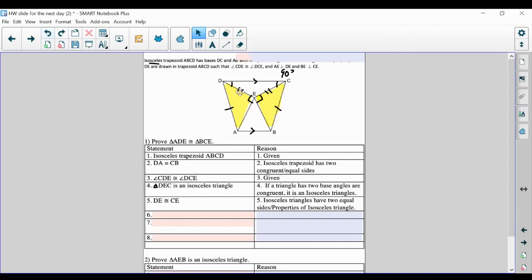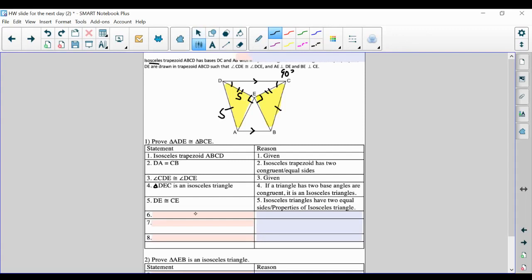Now we have a side, and we need one more piece of information. The last given information: AE perpendicular to DE and BE perpendicular to CE.